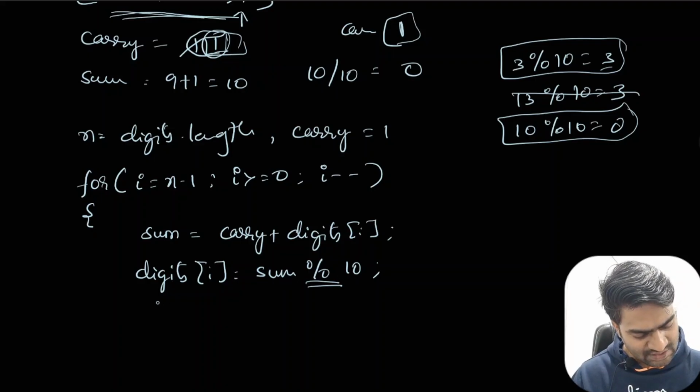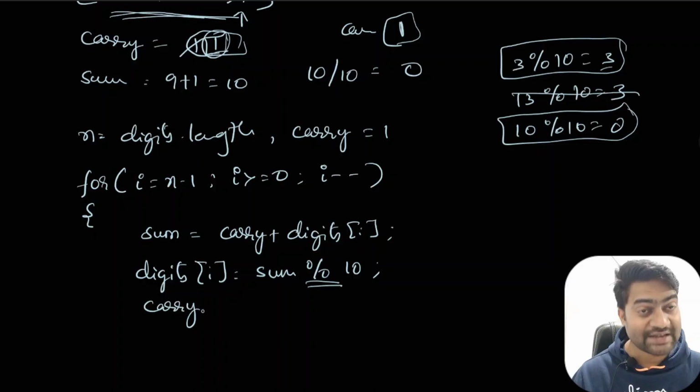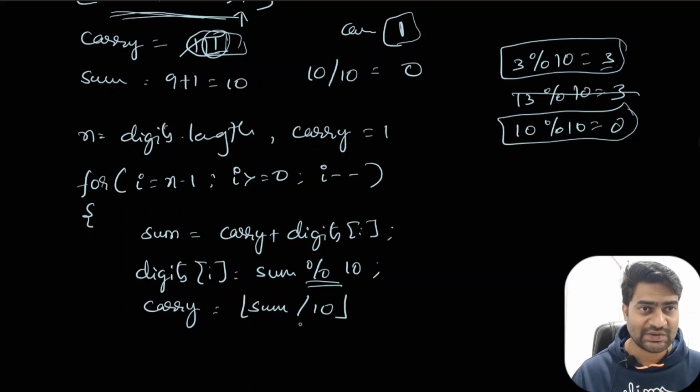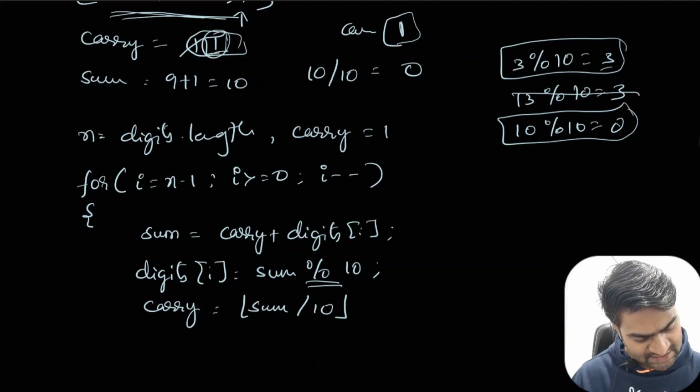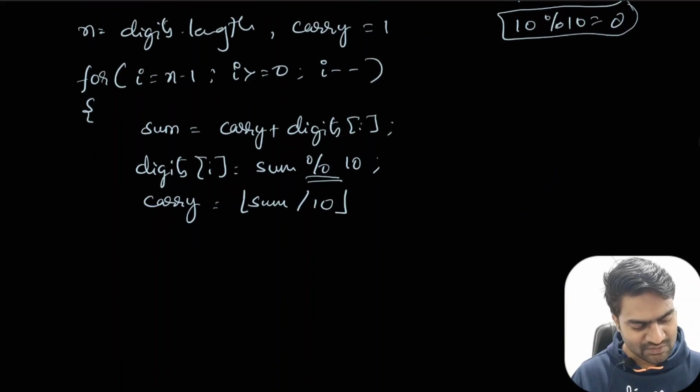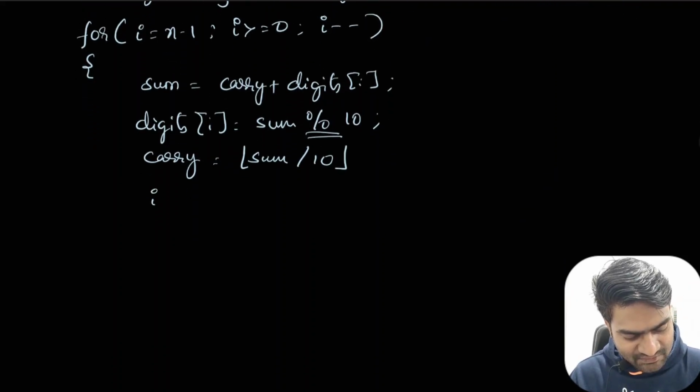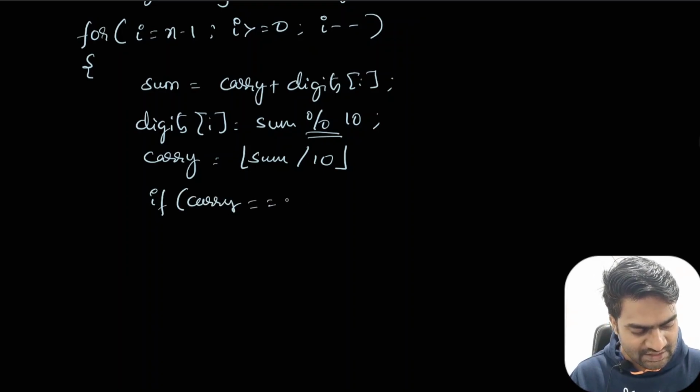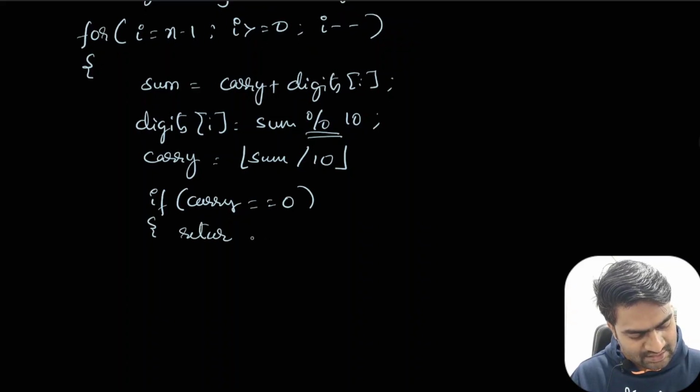Next, I will have to update my carry, right? So carry equal to sum divided by 10, but I need to take the floor value. Next, I will check if my carry is equal to 0, then I will simply return digits.